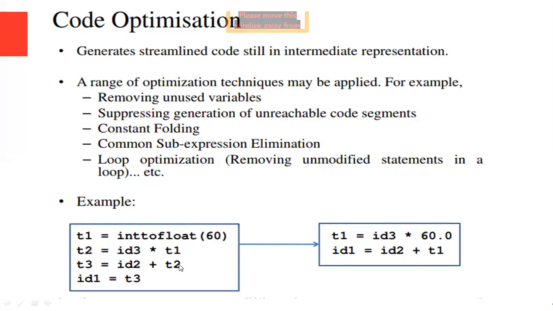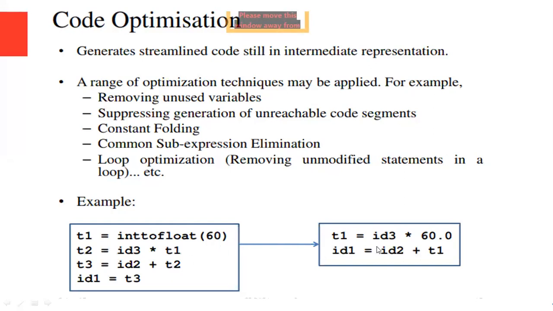This is the output: T1 equals inttofloat 60, T2 equals ID3 into T1, T3 equals ID2 plus T2, and ID1 equals T3. This expression is the output of intermediate code generation, and it is taken as the input to the code optimization. So we are removing unwanted statements that are present in the intermediate code generation. We are removing some statements.